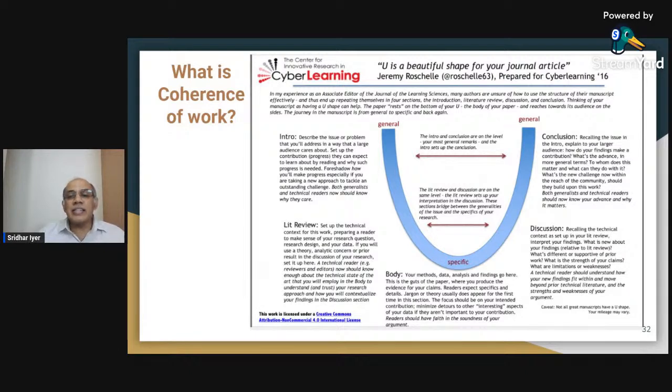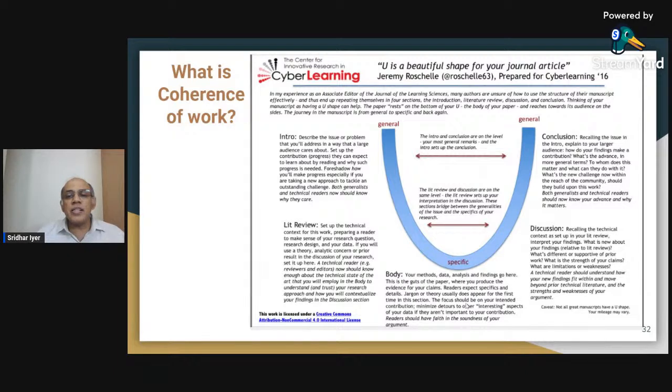Okay. So similarly, the literature survey section and the discussion section are at the same level. The literature survey again sets up the idea of the gap, and the discussion section says how your solution addresses that gap. And the specifics is actually the body of your paper, which is where you will say, okay, what exactly was your intervention, what method you used, what data you collected, how you did the analysis, and what was the finding that you got.